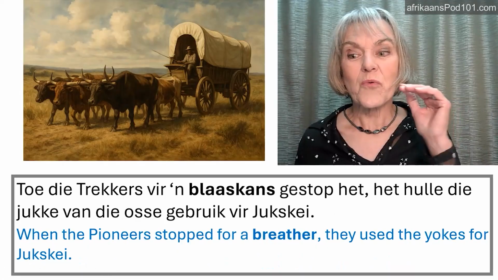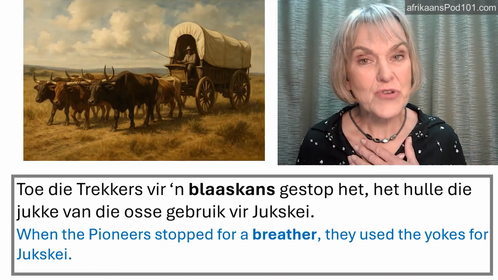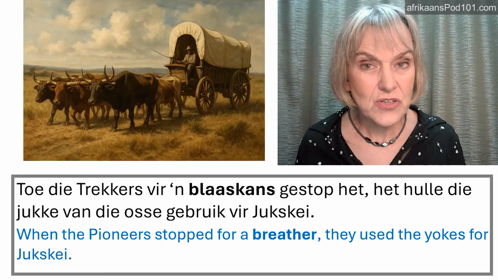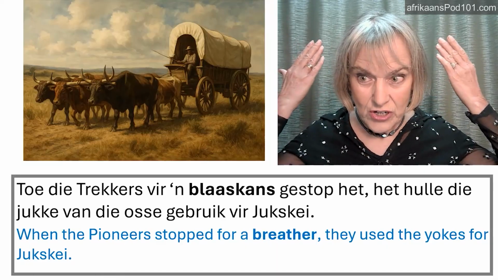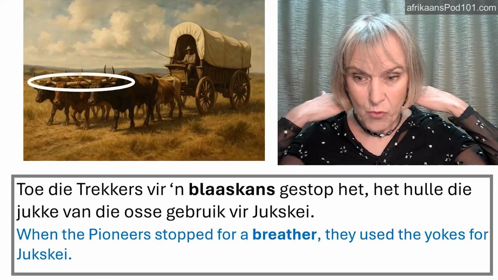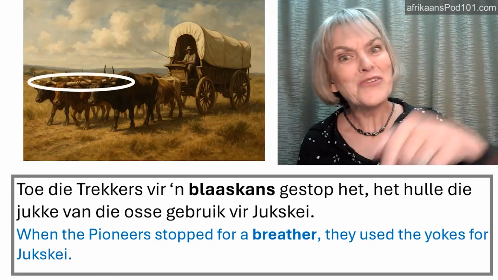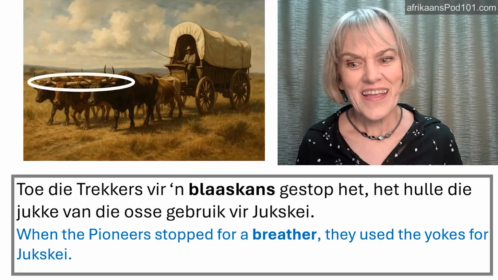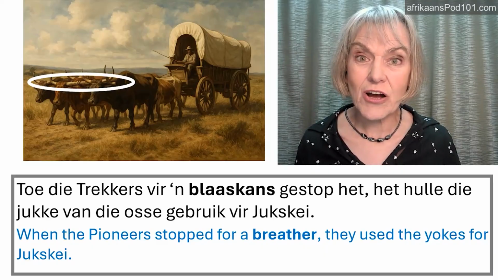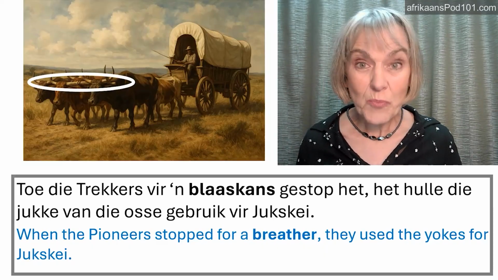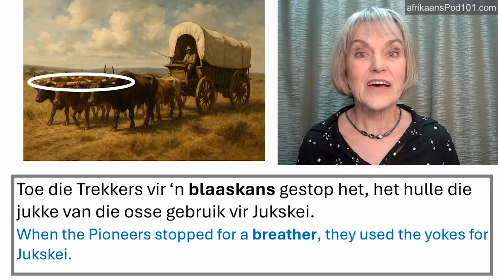So when the trekkers, the people who moved, needed to take a breather or give the oxen a break, then they took the yokes off the oxen, took them off, and they pulled out those uprights and they used them for this game. So toe die trekkers vir 'n blaaskans gestop het, hulle die jukke van die osse gebruik vir jukskei.